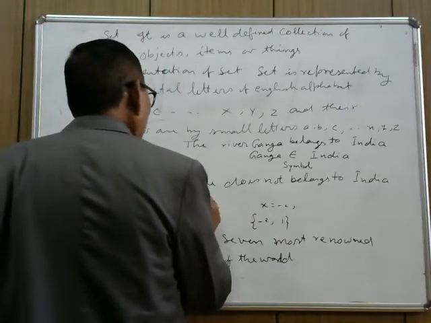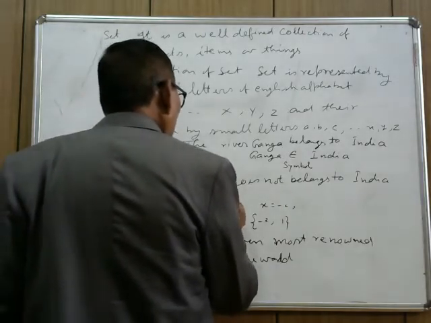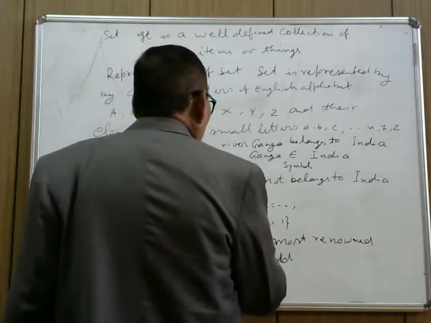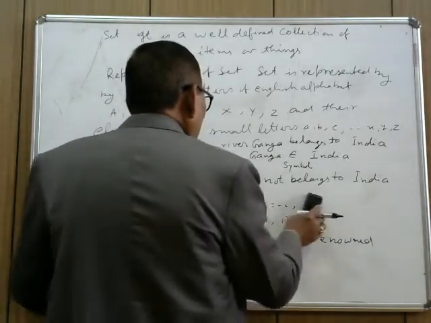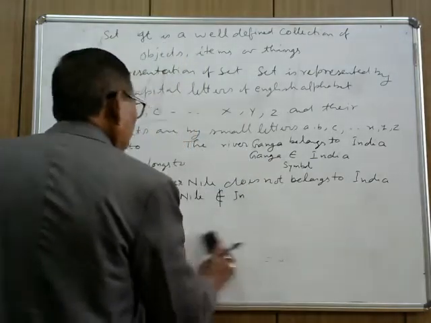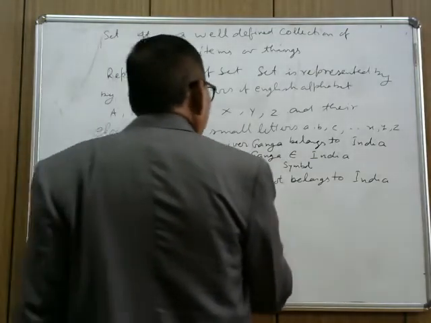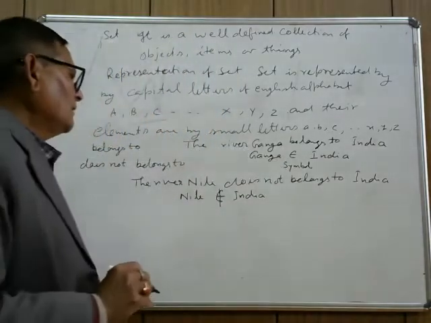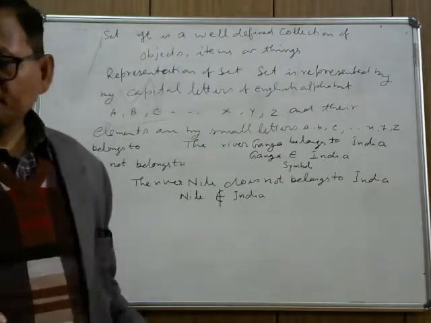Nile, this is the symbol for does not belong to, India. Nile does not belong to India. In this way, we can understand the concept of belongs to and does not belong to.